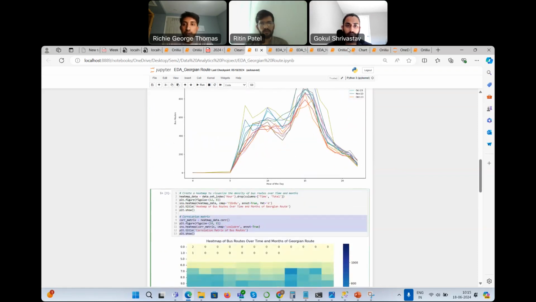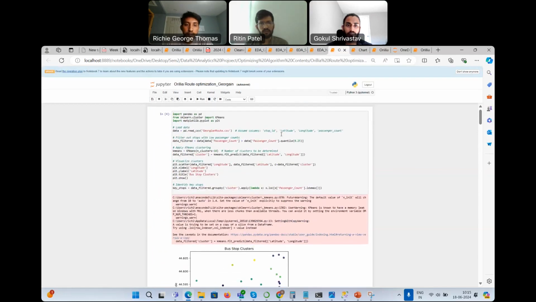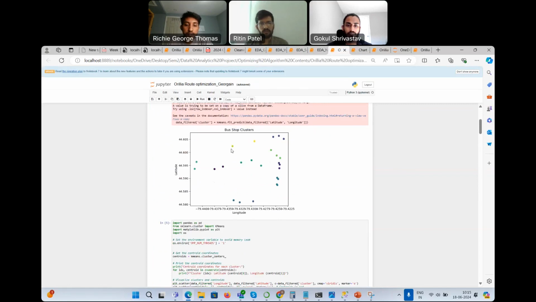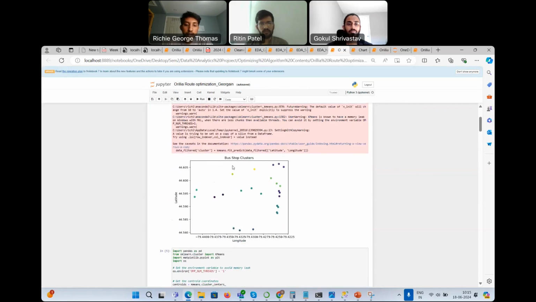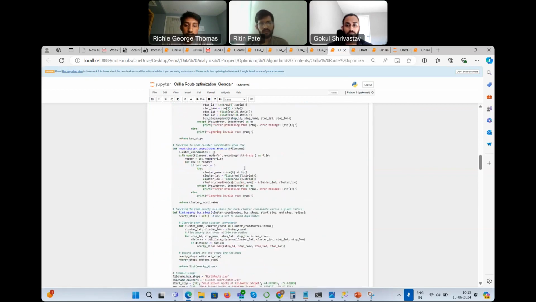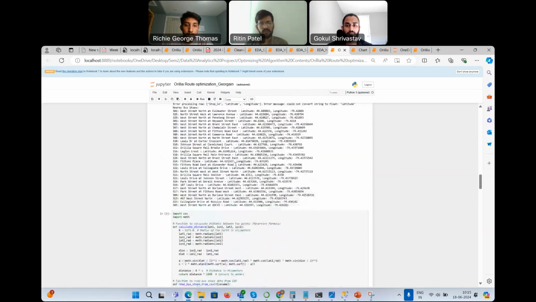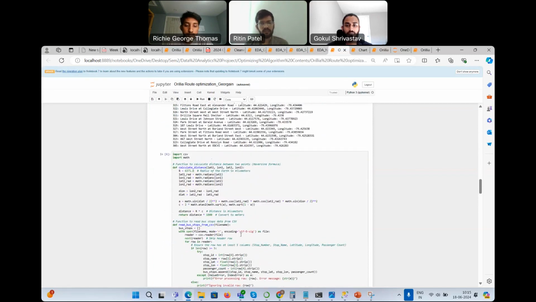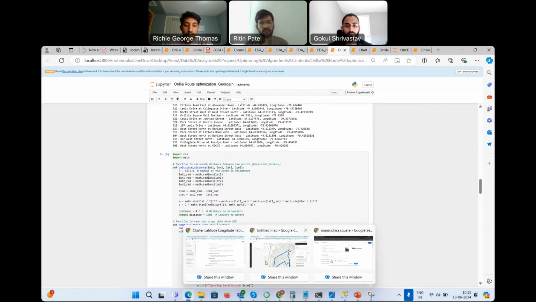And then the next part is clustering, route optimization using clustering. As I mentioned in the content, I have plotted all the coordinates and clustered, and this is the filtered routes. Now I'll share the maps as well.